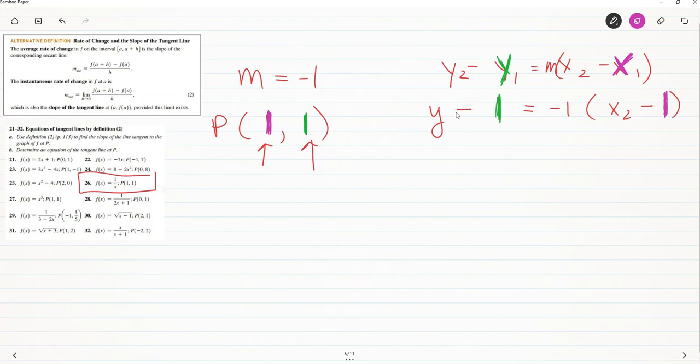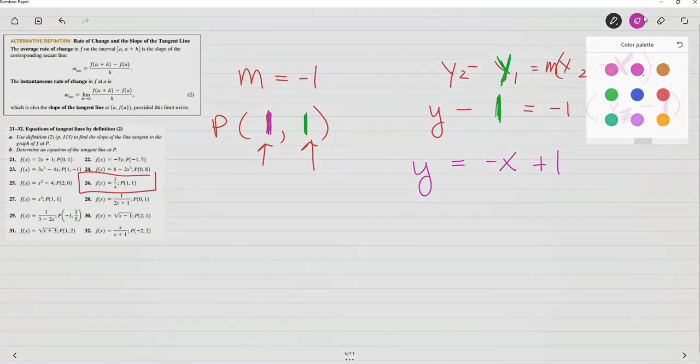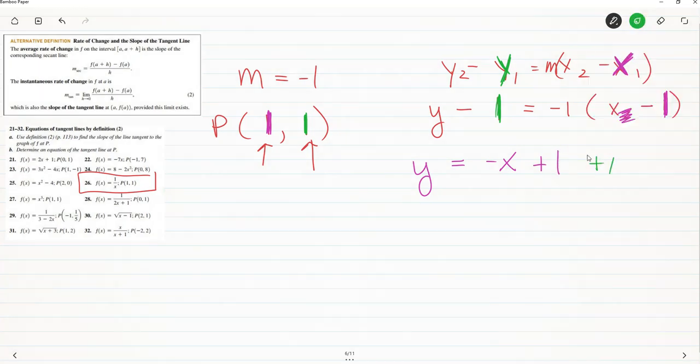We've got y minus y1, so y minus 1, equals m times x minus x1, where x1 is the 1. Now all I have to do is eliminate that sub 2. All I've got to do now is solve for y. I'm going to add the 1 to both sides.